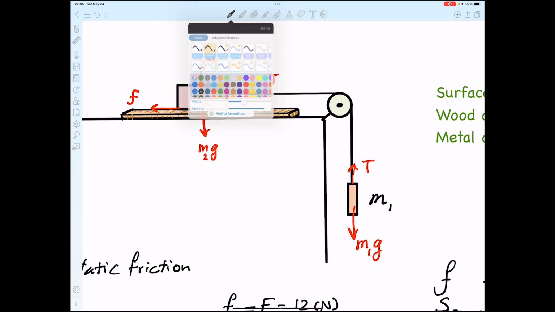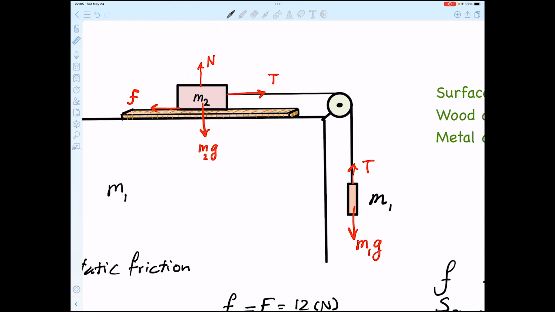So M1g, which is this hanging force, the force of gravity on the hanging mass, equals maximum static friction, which we already know what it is. It's mu s times N. Therefore, it equals mu s N, where N for the box M2 equals M2g.